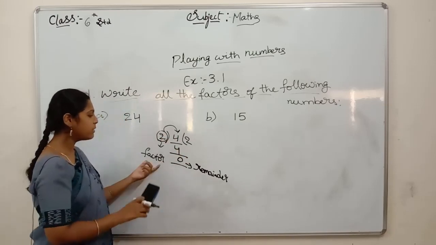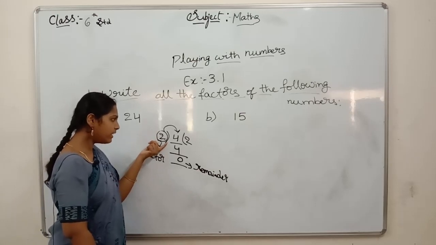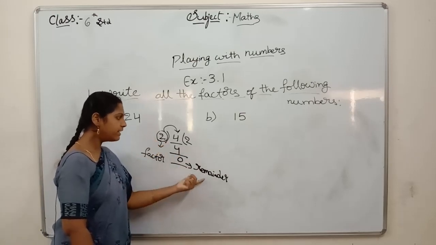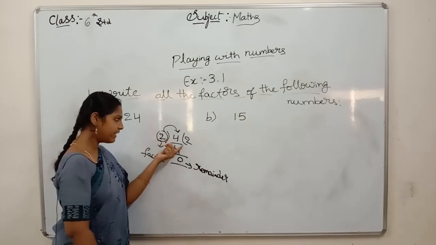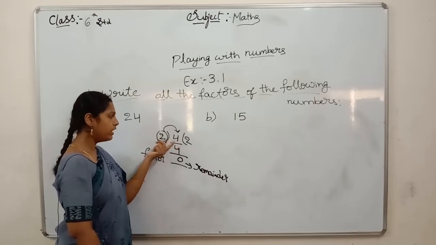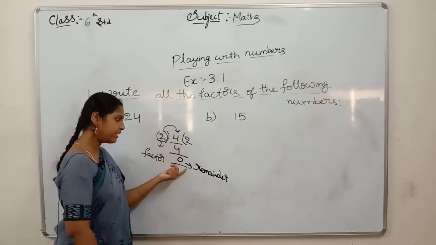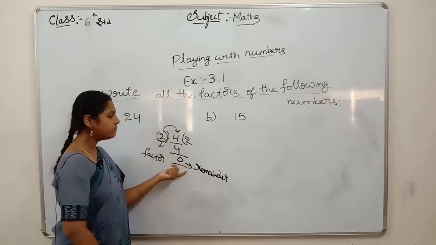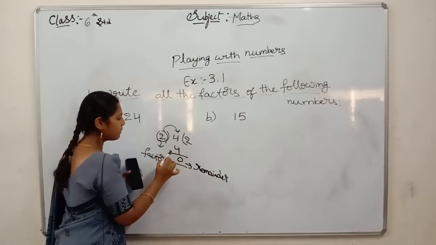Yes, this is how we write factors. Example: here 2 is the divisor, then quotient, remainder. The number 2 divides the given number, which is 4. If 2 divides 4 exactly, in the remainder place we have to get 0. 2 twos are 4; if you do subtraction, we get 0.